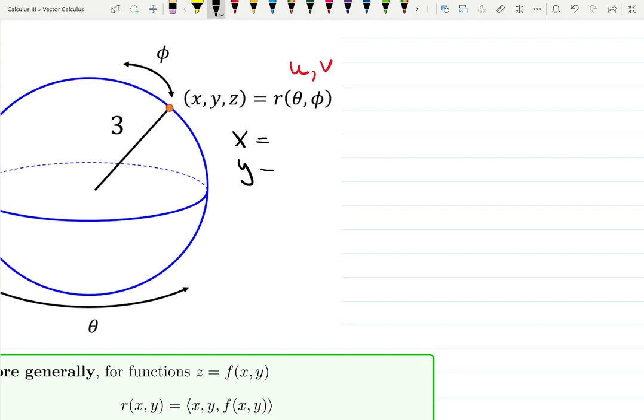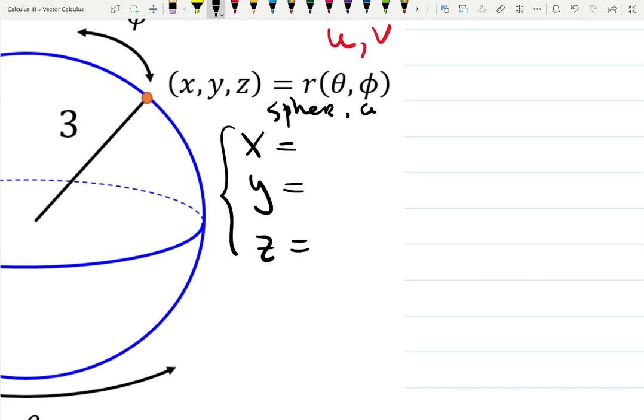X, y, and z. How do we describe a sphere? Using spherical coordinates. Hopefully you remember the equations for spherical coordinates. 3 is the radius. First 3 cosine theta and 3 sine theta.